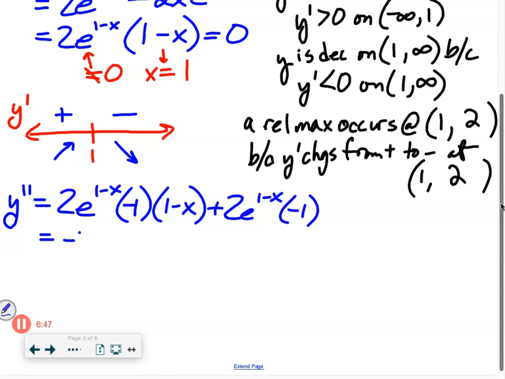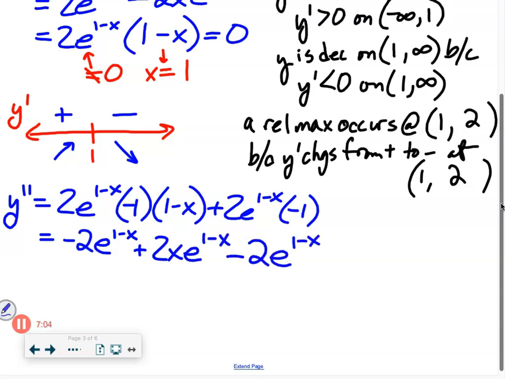So I end up with negative 2e to the 1 minus x plus 2x e to the 1 minus x minus 2e to the 1 minus x. So I end up with 2x e to the 1 minus x minus 4e to the 1 minus x.